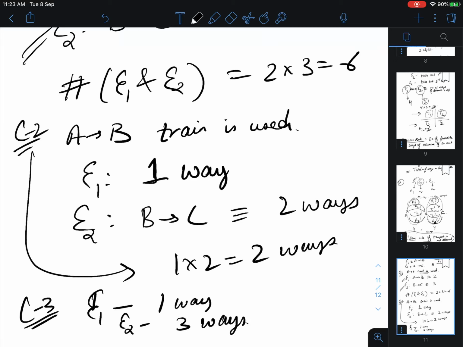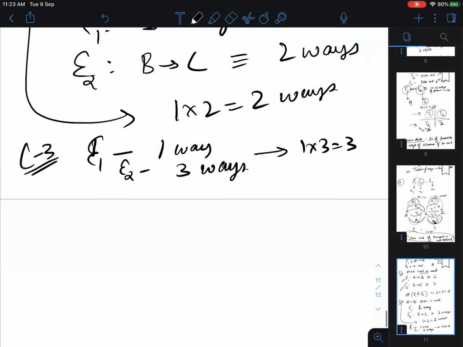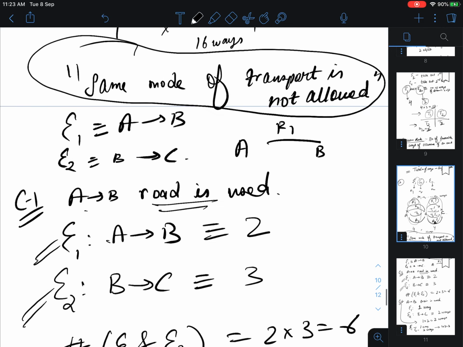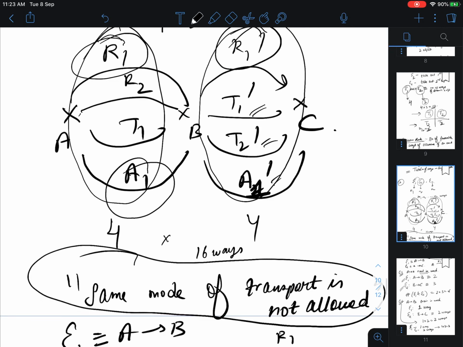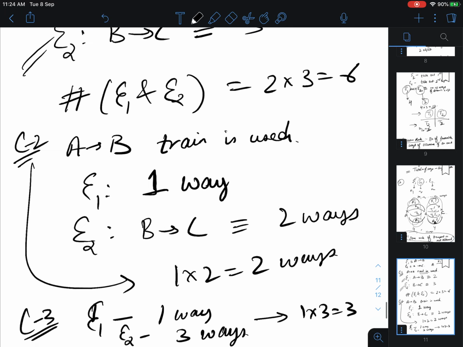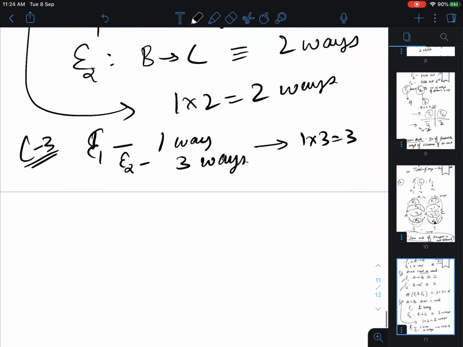So in total you will have 1 into 3 equal to 3 possible ways of going from A to C. Event E1 is plane, so that means A1 is used, that is E1 has 1 choice, and B to C will have 3 choices, R1 dash, T1 dash and T2 dash. So the total will be the sum of case 1, case 2 and case 3, which is 6 plus 2 plus 3, which is 11.